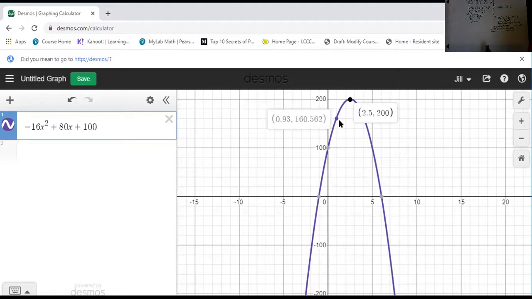What I could do is put 160 in for my y value and do it by hand, but I'm not going to ask you to do that by hand just because of the time. So I'm going to say about 0.93, maybe 0.92. Can't quite get it there. So let's just say 0.92. I'm going to estimate it at 0.92.